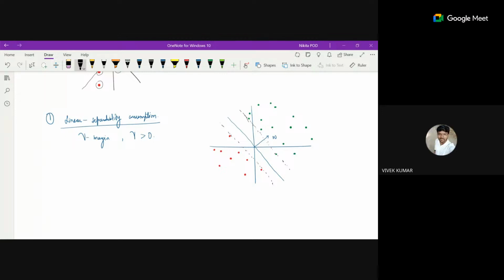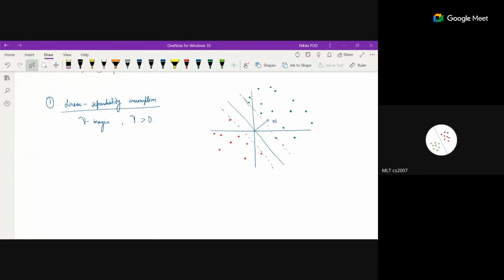So what does it mean to say that your data set is linearly separable with gamma margin?